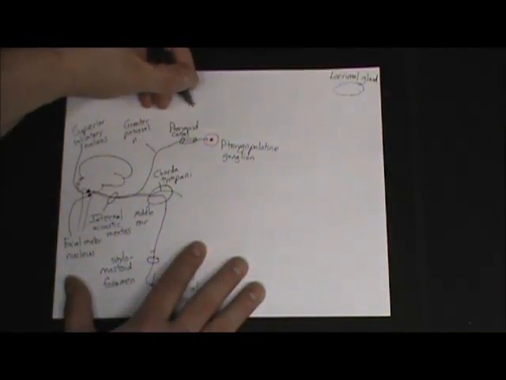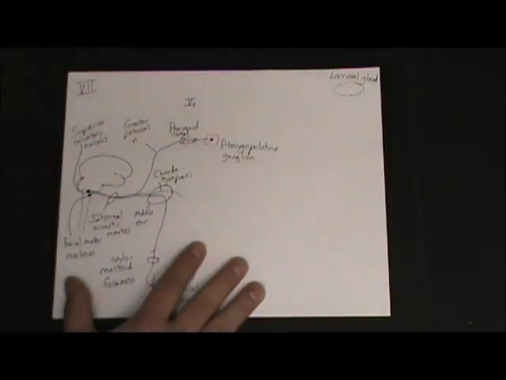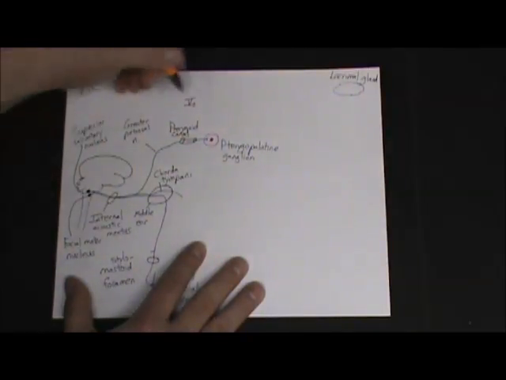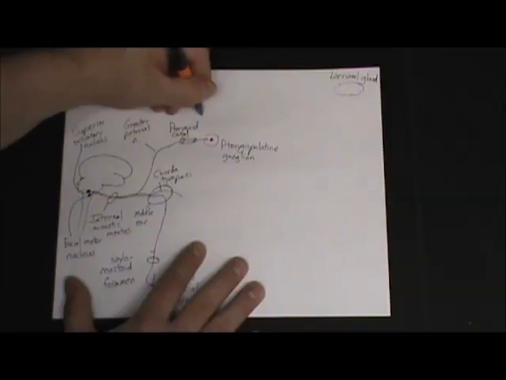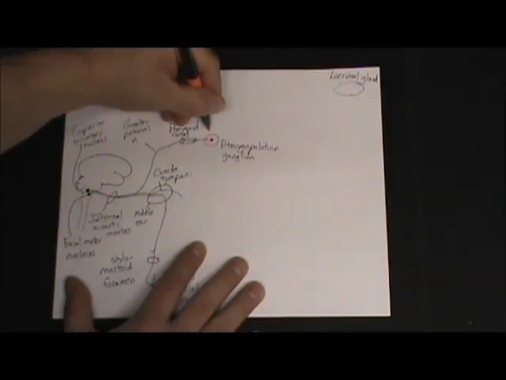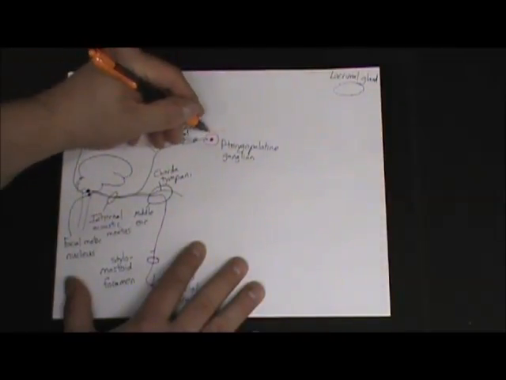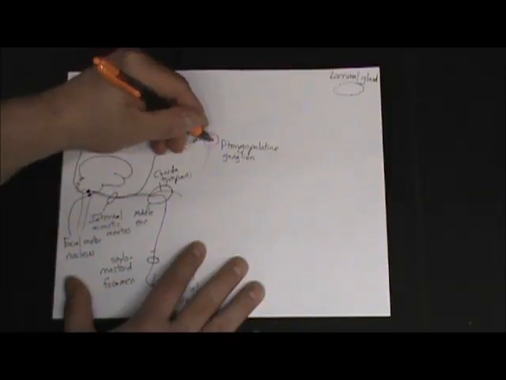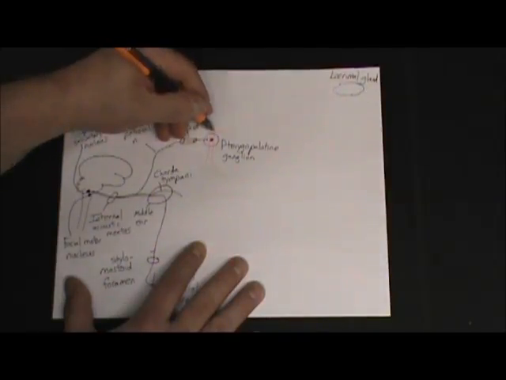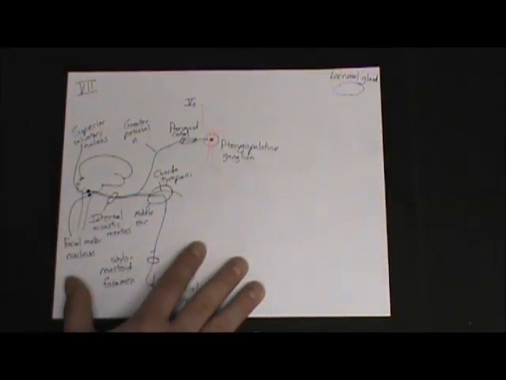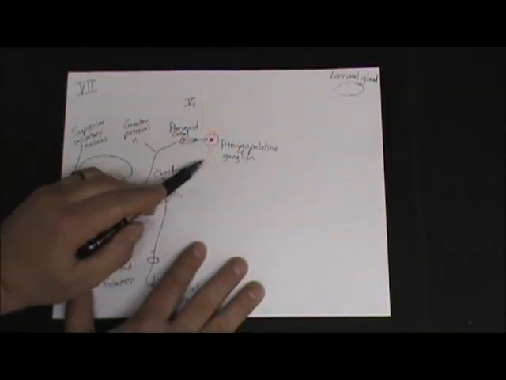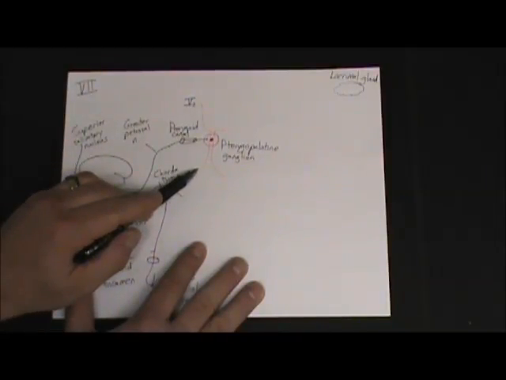And the branch that comes in here is the maxillary division of the trigeminal nerve, V2. That enters this same area, travels nearby, and gives off several branches. 2 branches go down to the palate. And I'm not going to write these in, but they're the greater and lesser palatine nerves.